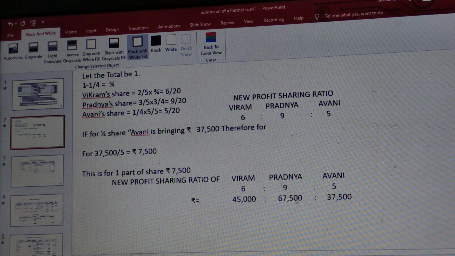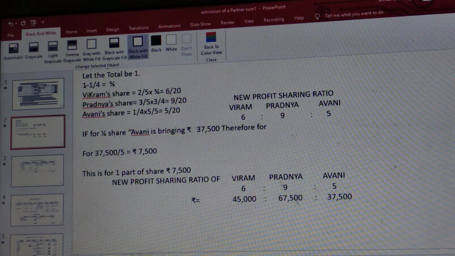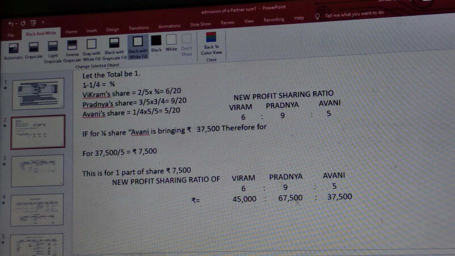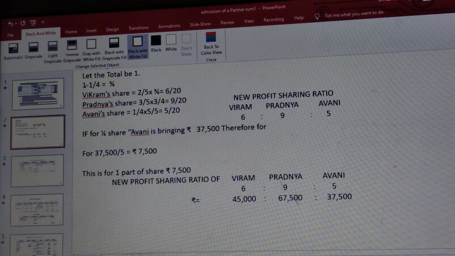So 2/5 into 3/4 is equal to 6/20. Now Pradnya's share. How much was the old share? 3/5 into, now the remaining share is 3/4. That comes to 9/20. Now see, both the partners' denominator is 20.